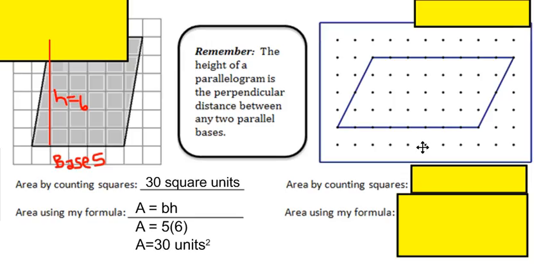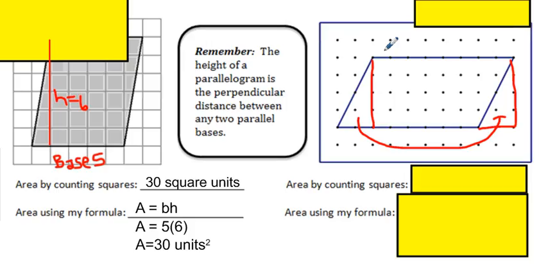Now let's take a look at this parallelogram. I'm going to first go by counting, and it's kind of hard to count diagonal. So I'm going to visualize that this triangle is chopped off and then tucked into this white space here. So I'm pretending this is one cohesive rectangle.